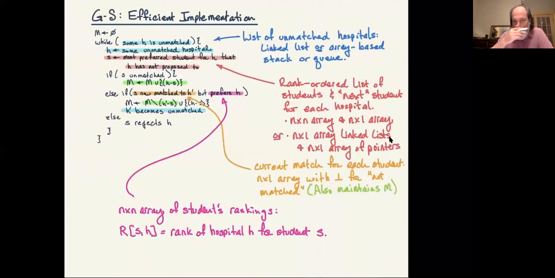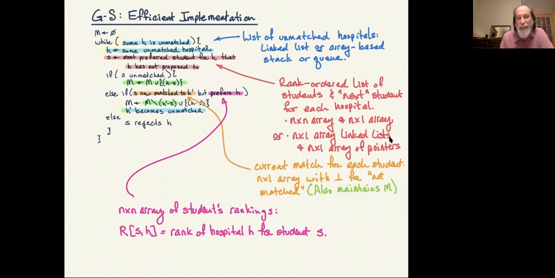Okay, so what do we need to do? I've colored the lines in the pseudocode with colors to correspond to the data structures that we need to execute these operations, right? So the first thing we need to do is check if there's an unmatched H, to obtain some unmatched H, and possibly to put some H back, right?